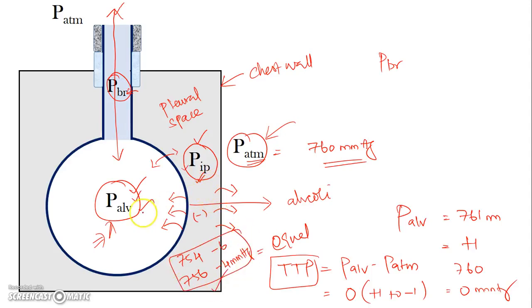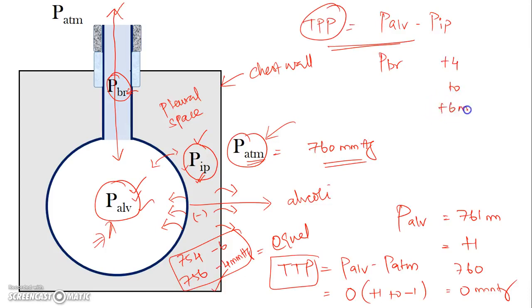The difference between the alveolar pressure and the intrapleural pressure is called the transpulmonary pressure, also called the transmural pressure, that is equal to the alveolar pressure minus the intrapleural pressure. In a normal breathing cycle, the transpulmonary pressure varies from +4 to +6 mm of mercury.